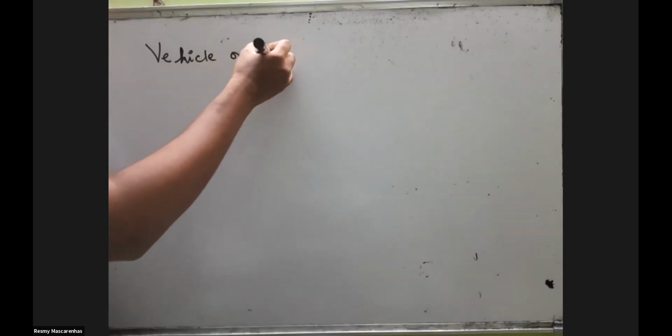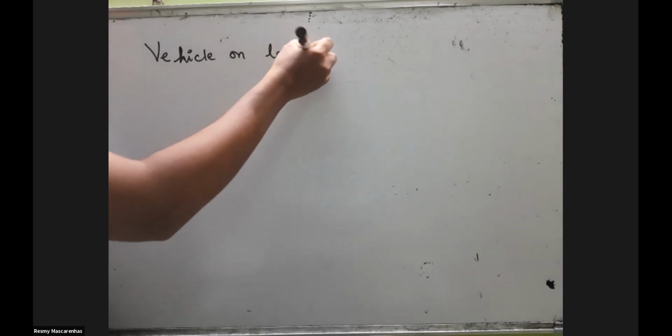Next, there are some derivations. The first one is, suppose we have a vehicle on a leveled circular road.